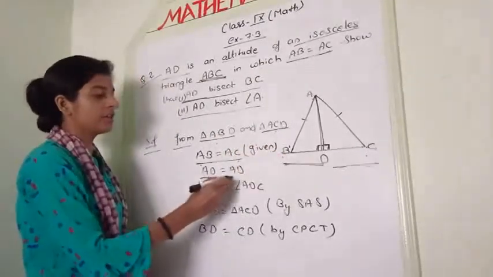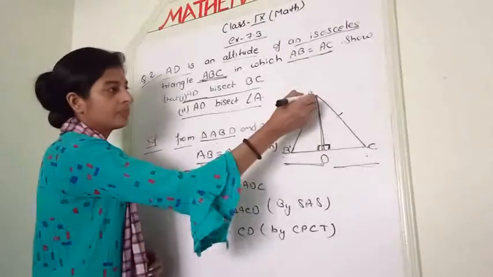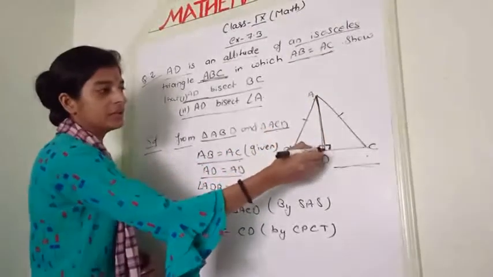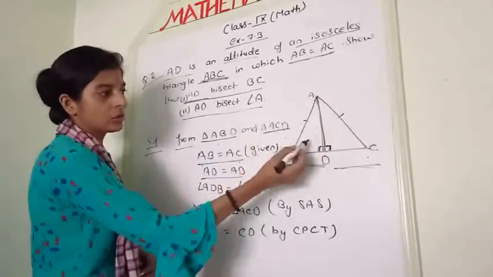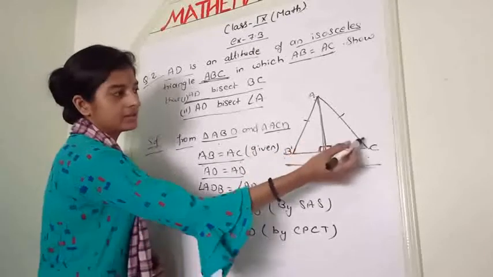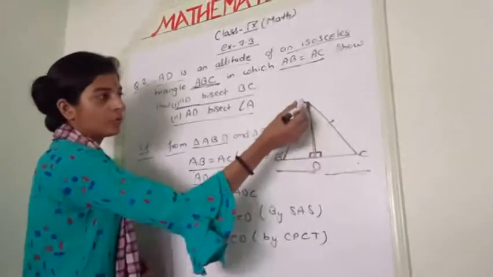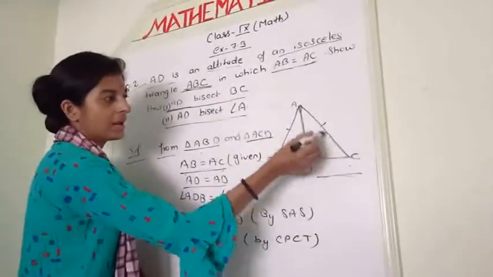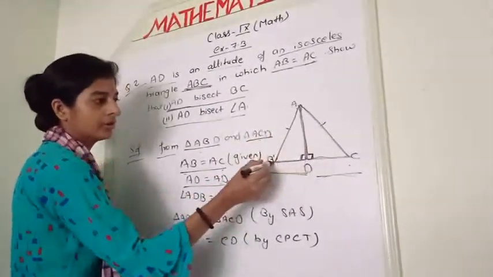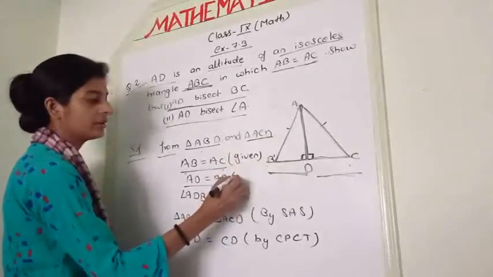The second one is AD is equal to AD. We can see this line AD is common for both triangles ABD and ACD. So we can write here "common".